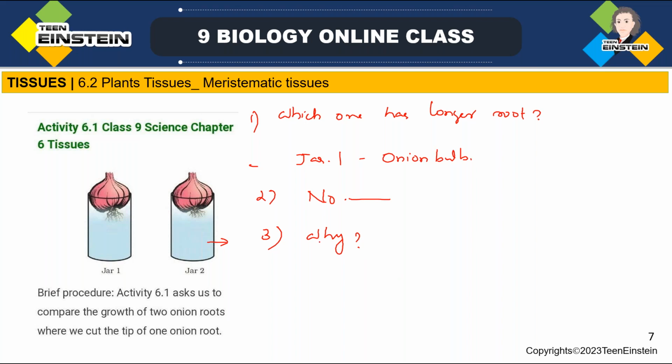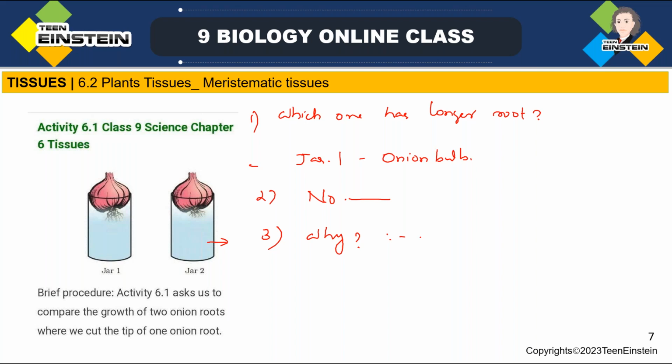For this, we get an answer: growth of plants occurs only in certain or specific regions. We said in plants also there are permanent tissues and dividing tissues. Throughout the life cycle, these dividing cells are not present all over the plant body, they are located in specific areas, or specific regions.